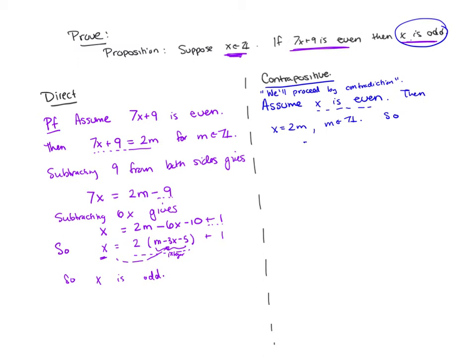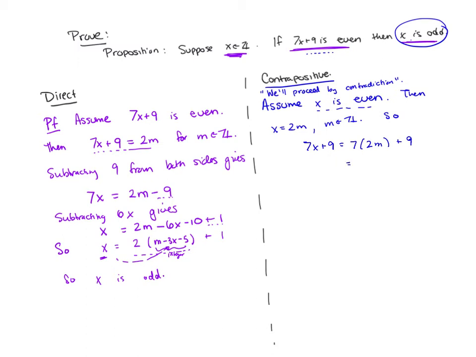So 7x plus 9 is equal to 7 times 2m plus 9. I'm trying to show the opposite of 7x plus 9 is even. So I'm trying to show that this is odd. So let's see if we can get it in that odd form.